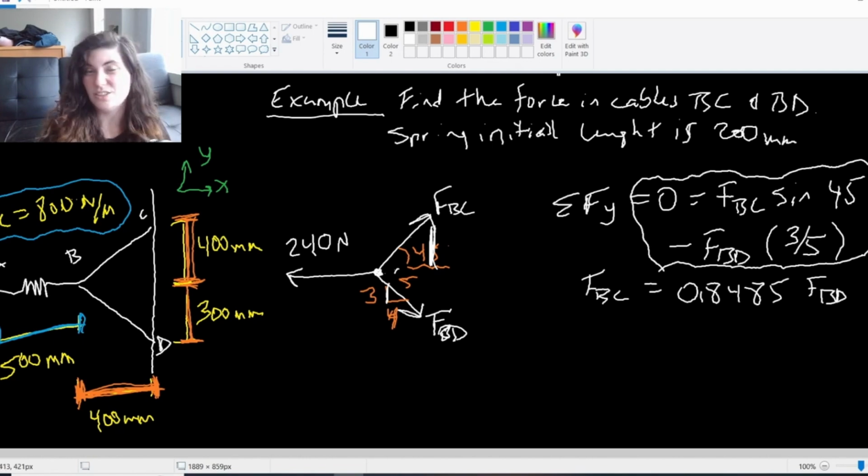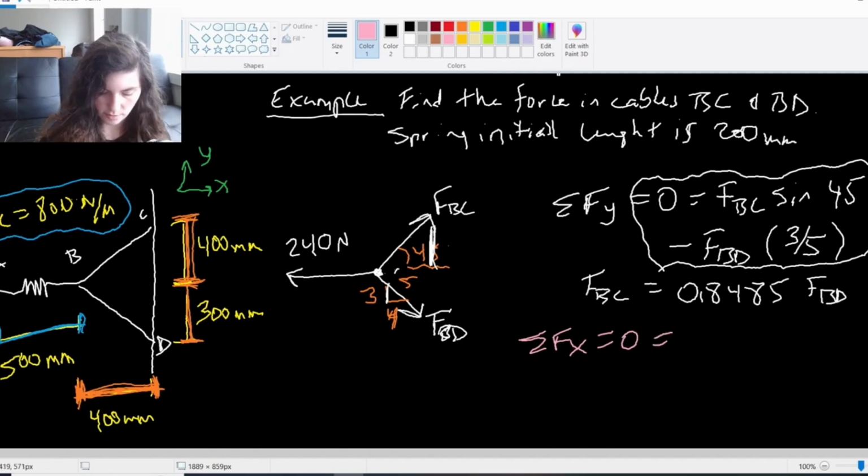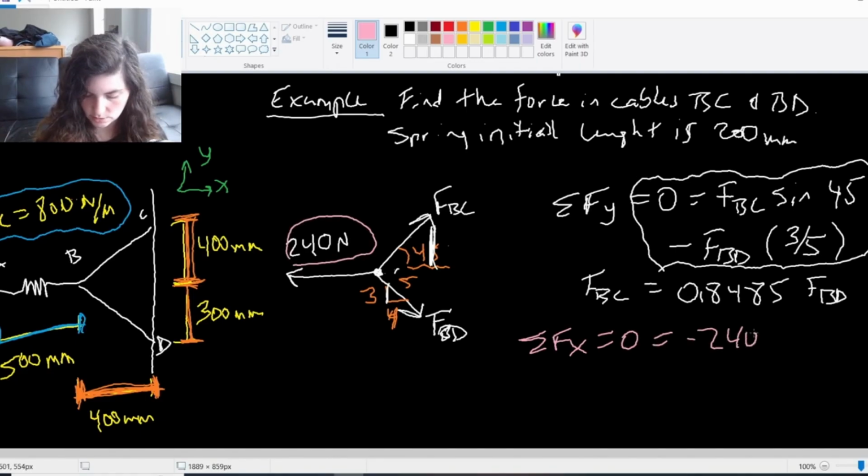And then all I do is I do it again for my x directions. Sum of forces in the x direction is 0. We have our 240 is entirely in the negative x direction. Plus, each of these two forces are in the positive x direction, so they'll both be added.